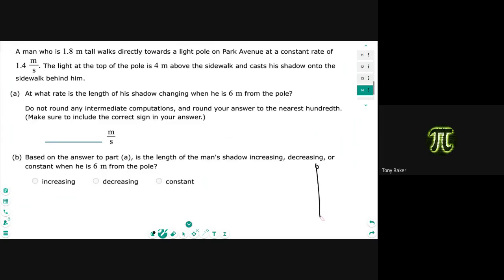So light pole, get my wonderful drawing skills now. Shadow. He's 1.8 meters tall. The light pole is 4 meters. And he's moving this way at 1.4 meters per second.